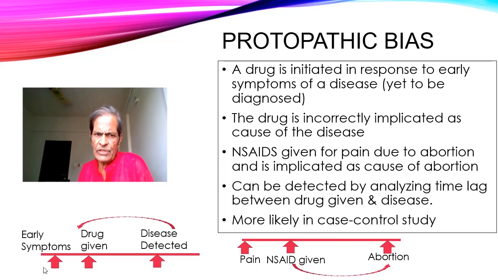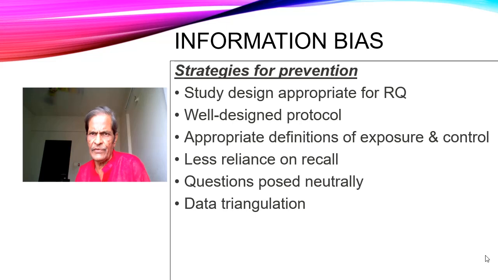So the time of the drug being given, whether before the early symptoms or after the early symptoms, matters. If it is given after the early symptoms and the abortion has occurred, then naturally protopathic bias is more likely to have occurred. That's the way it can be detected, by analyzing the time lag, and it is therefore more likely in case control studies.